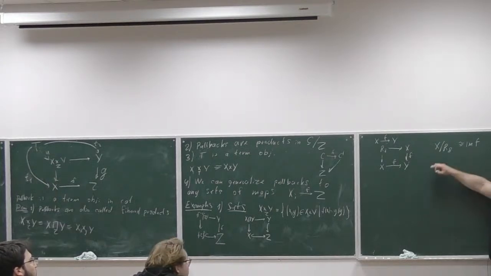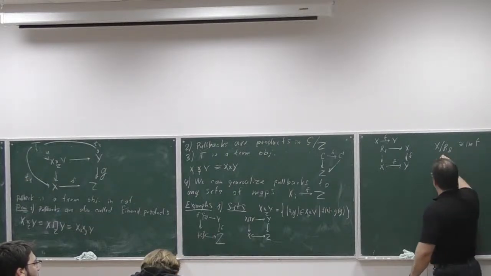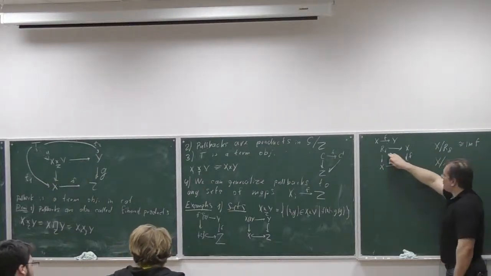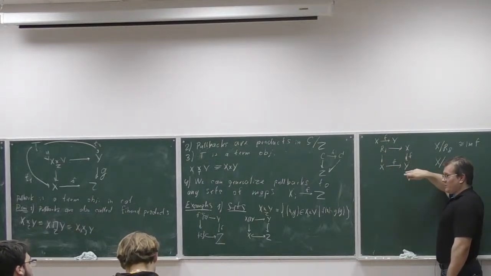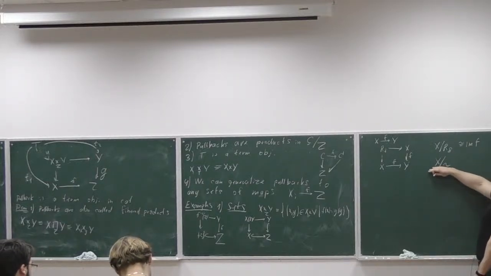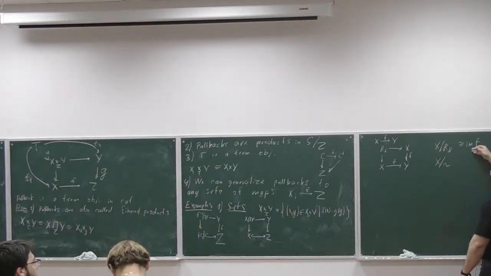No, this is just the set of equivalence classes for the equivalence relation on X. An equivalence relation is a subset of X cross X, a binary relation with some special properties. You can take all the equivalence classes. Sometimes people write this, and if you want to specifically write what equivalence relation you use, you can write this. And it's kind of the version of the first isomorphism theorem for sets.